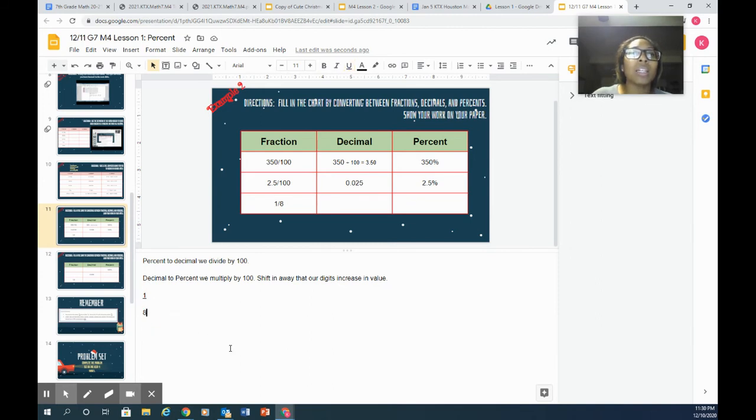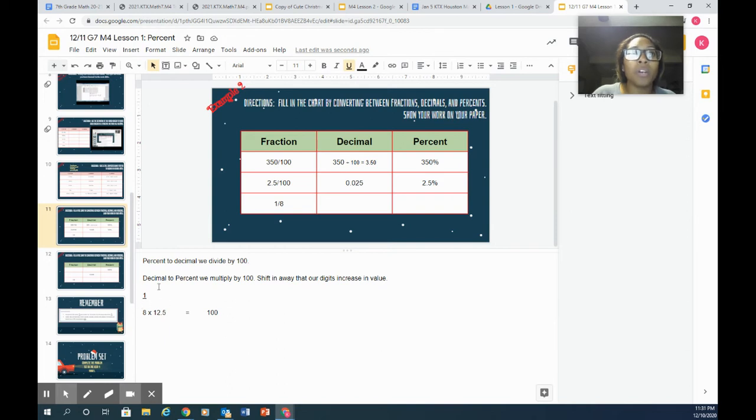We can look at this almost like an equivalent fraction problem, where I want to go from having 8 in my denominator's place to having 100. So what do I multiply 8 by in order to get 100? Well, 8 times 12.5 will give you 100.